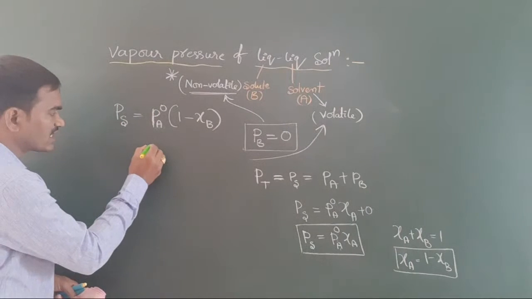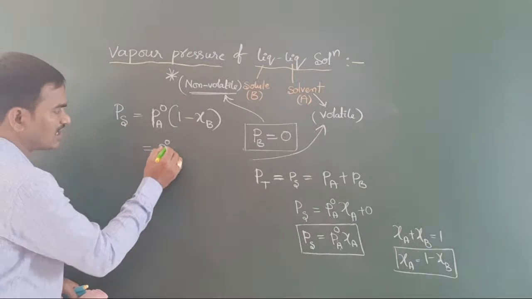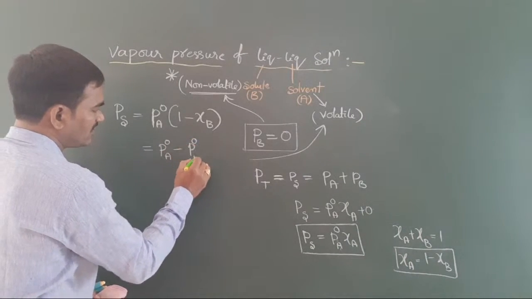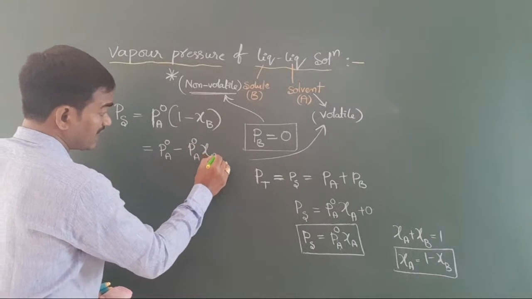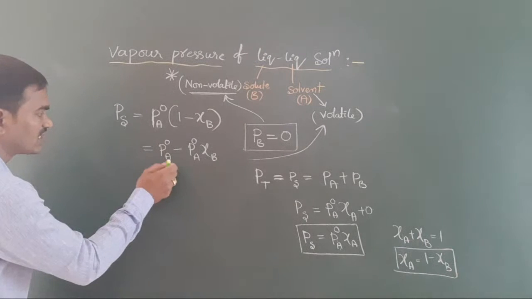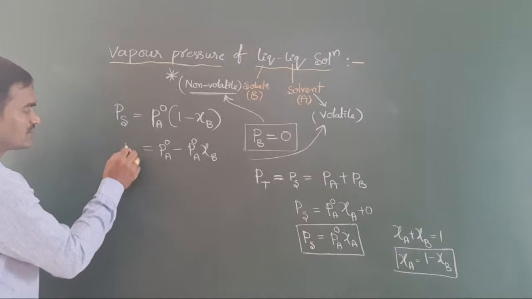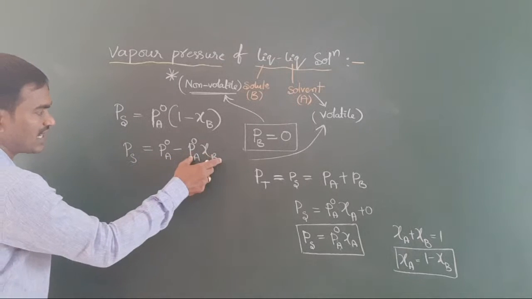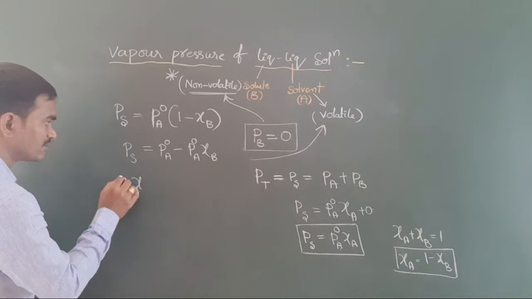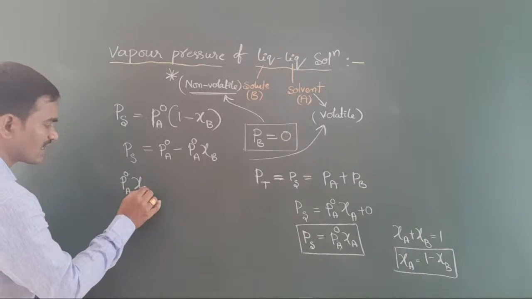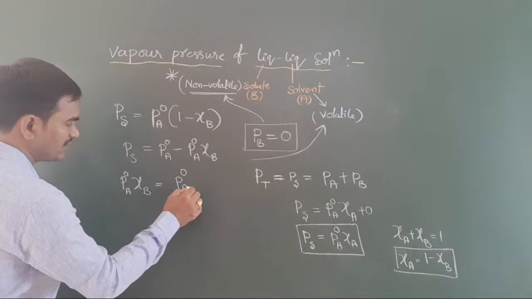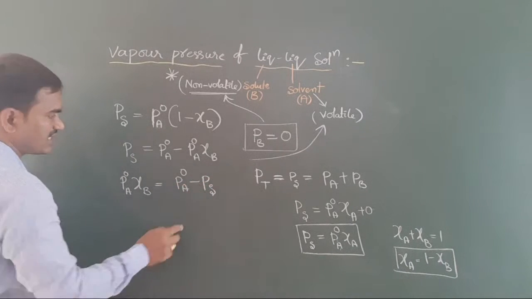So now we get P naught A minus P naught A chi B. Is it clear? Now, step by step: P_S goes to the other side and this term comes to this side. Therefore, P naught A chi B is equal to P naught A minus P_S.